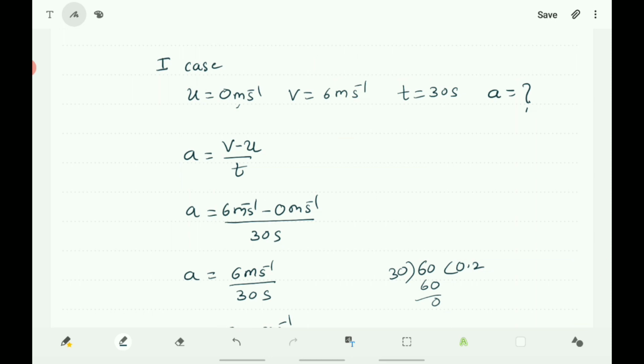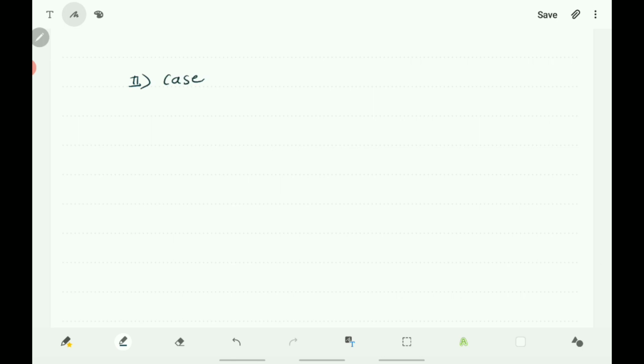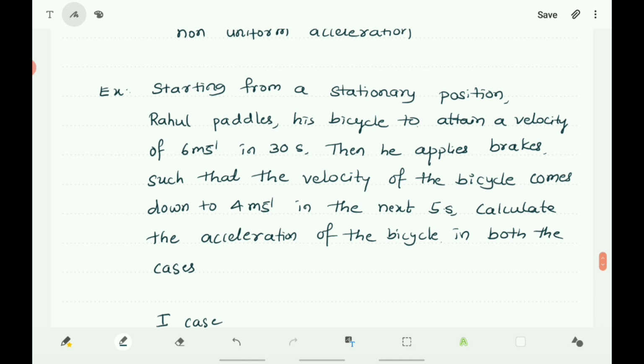And the second case, what is the second case? After reaching the velocity 6 meter per second, see the question, he applies brakes such that the velocity of the bicycle comes down to 4 ms^-1.